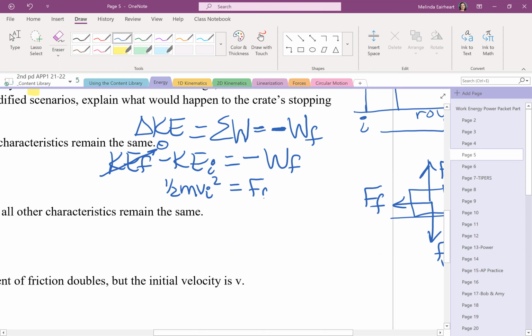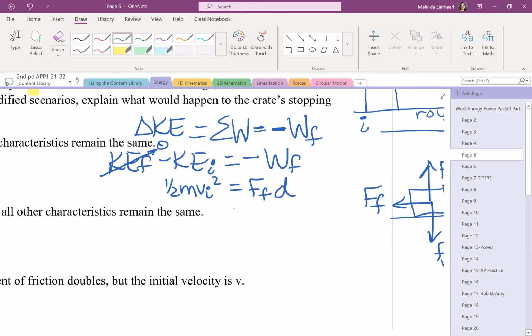So we'll say force of friction times that D. Is everybody okay with me leaving off cosine theta? Because I've already done it verbally. Friction does negative work. It'd be a cosine 180, but I already did the negative and then it canceled out algebraically.